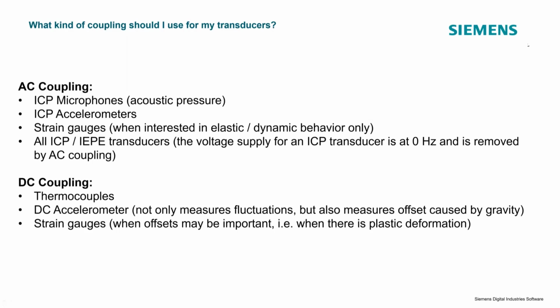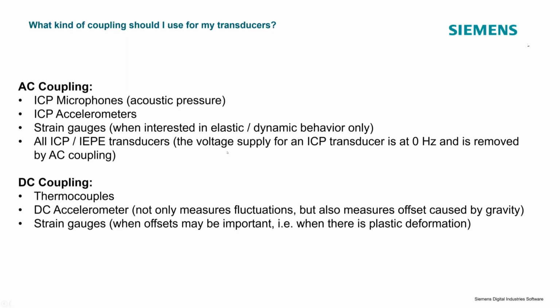So what kind of coupling should I use for my transducers? Well, a little bit depends on what you're trying to accomplish, what type of transducer it is. For ICP microphones and accelerometers, we should have those AC coupled. And here's an interesting point. Maybe you use the term ICP, maybe you use the term IEPE, or maybe CCLD. They all mean the same thing. Those all need to be AC coupled.